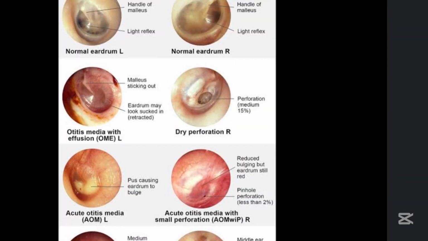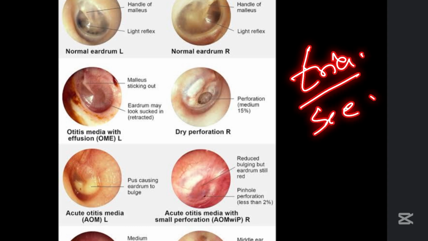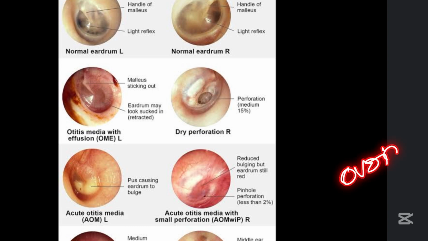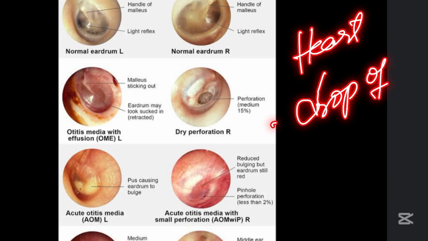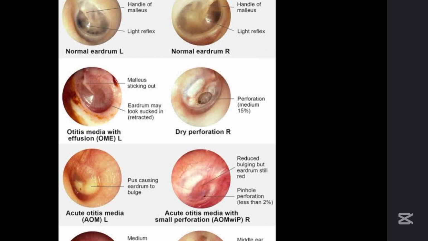The shapes can be triangular, sector, kidney shaped, ovoid, or irregular. It can also be heart shaped, or a drop of water shape, and other shapes as well.